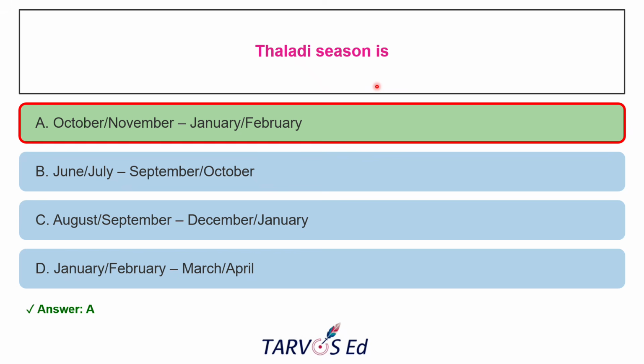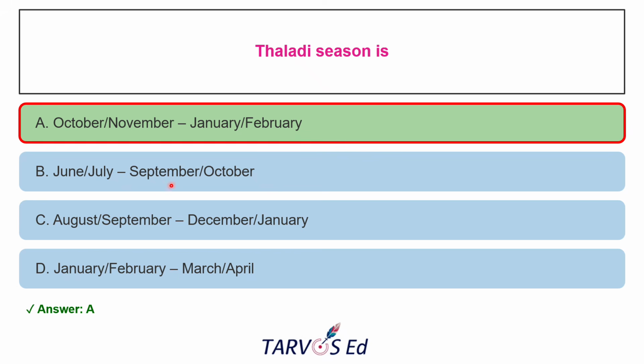ADT means Aduthurai. These three varieties are commonly used during Thaladi season, where the rice varieties are sown in October, November, and harvested in January, February. It is a medium term or medium duration variety.